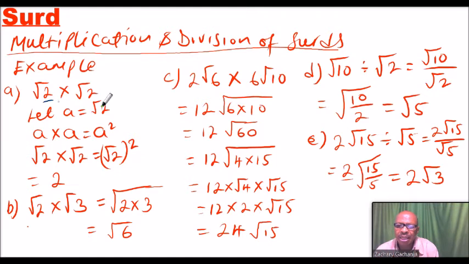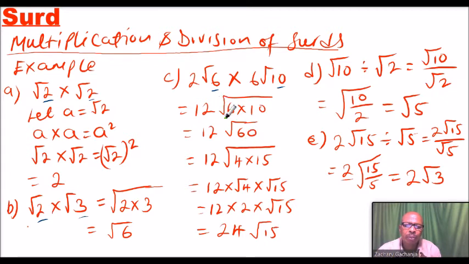Here we have root 3, root 2. The numbers are different. Here we have root 6, root 10. So we are able to multiply that.